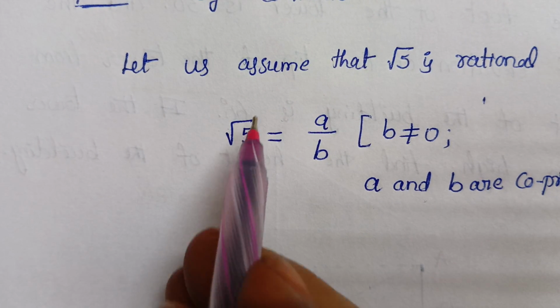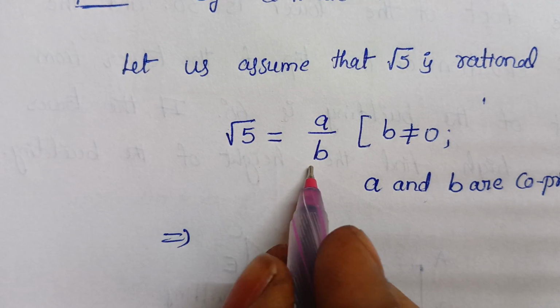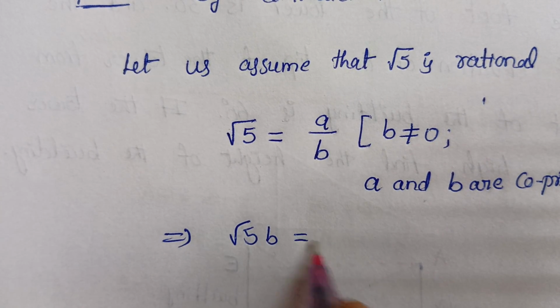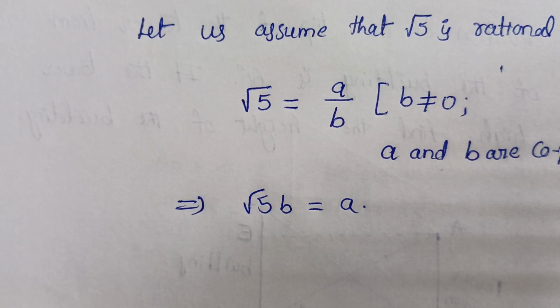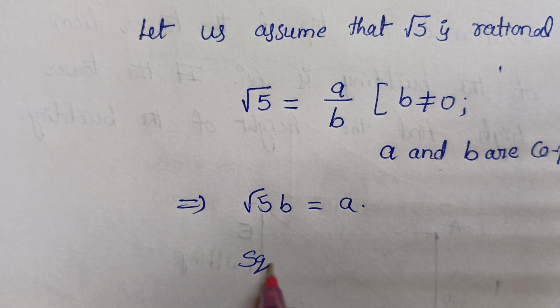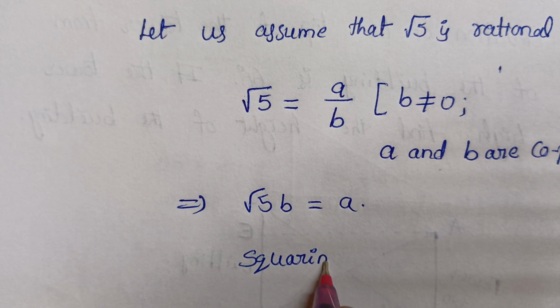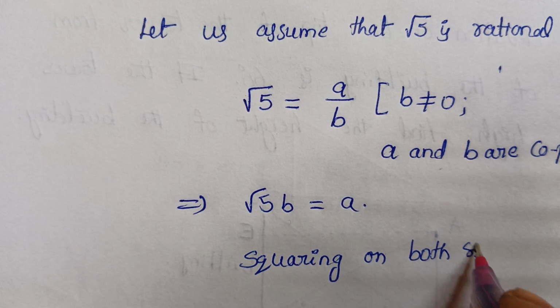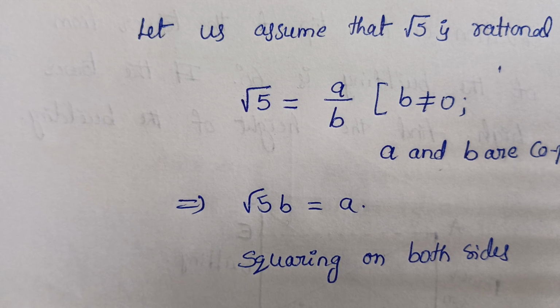So, from this step, by cross multiplication, root 5 b equal to a. Squaring on both sides, what do we get?